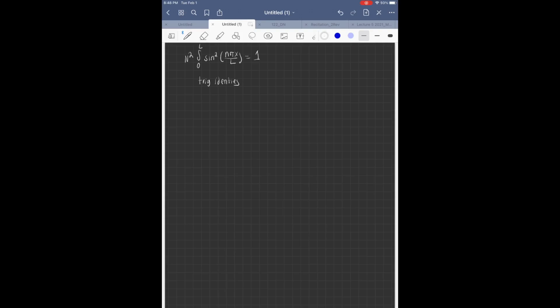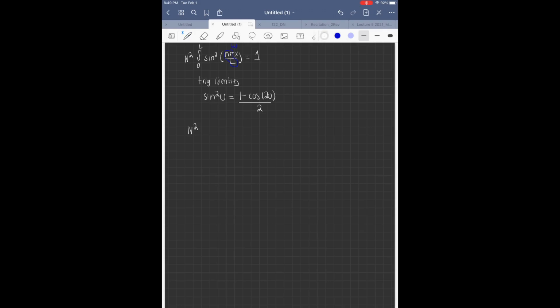and sine squared of u equals 1 minus cosine of 2u over 2. Knowing that, we can plug it into the equation, and for convenience, let's just make this equal to w for space.